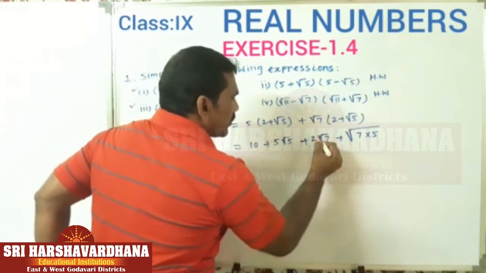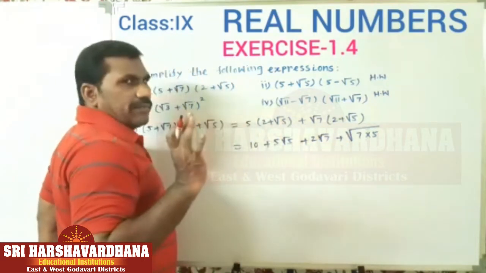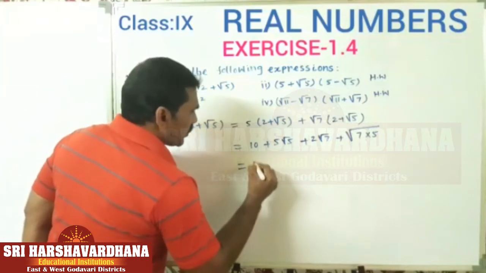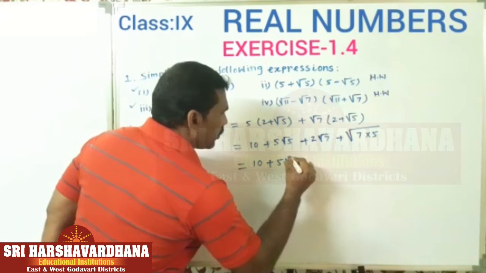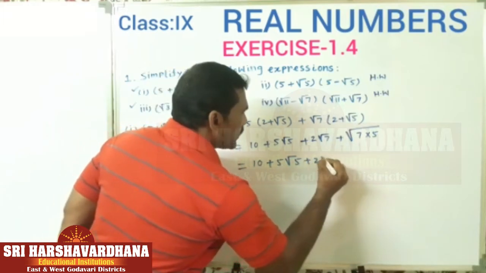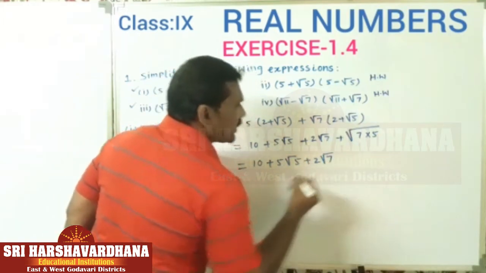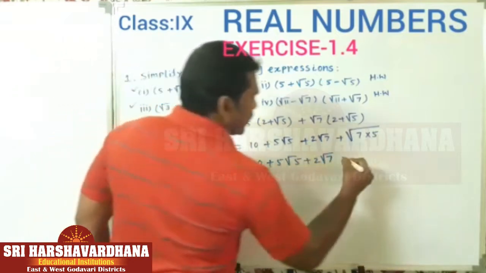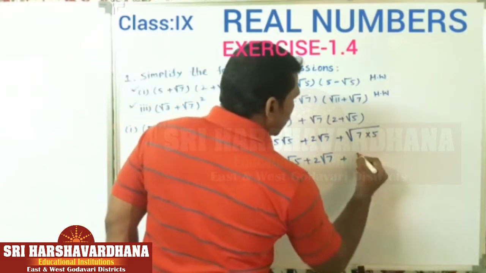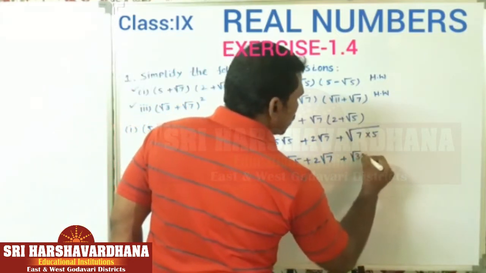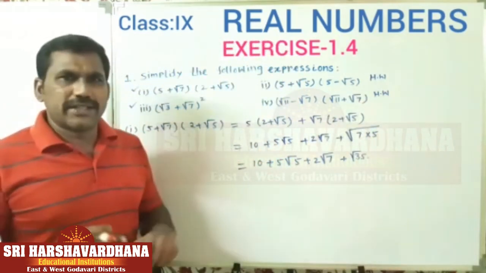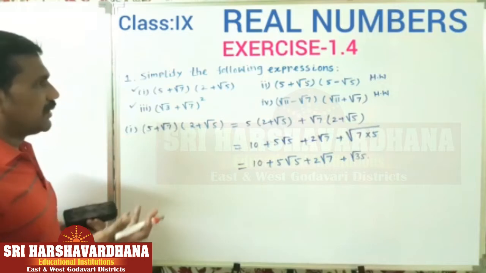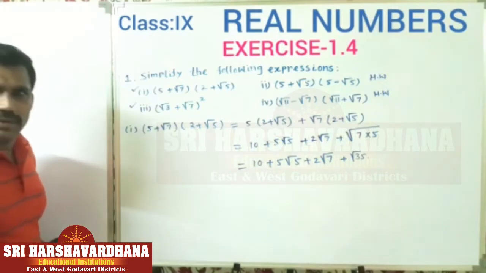Okay, so it is simply 5 root 5. Okay, right. So 10 plus 5 root 5 plus 2 root 7 plus root 35, since 7 5s are 35. That's it, enough. Okay, like that we have to solve the first type of problems.